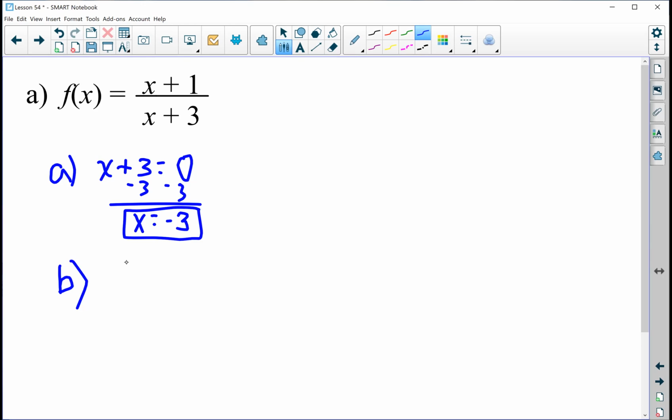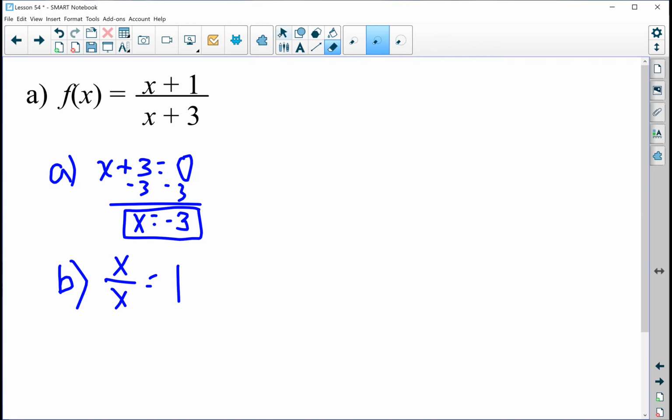So in this case, my largest power of x is just x in both. And what is x over x? Something divided by itself. So I'm going to have a horizontal asymptote at y equals 1.